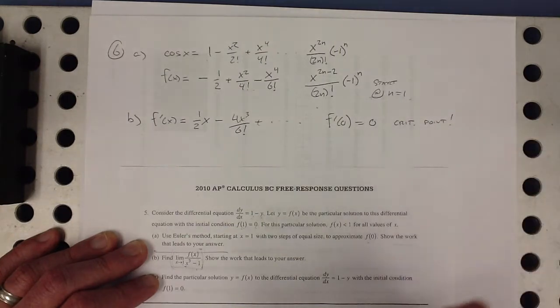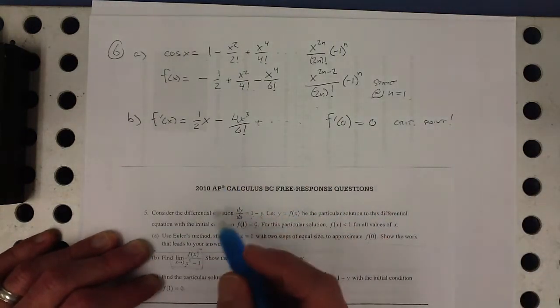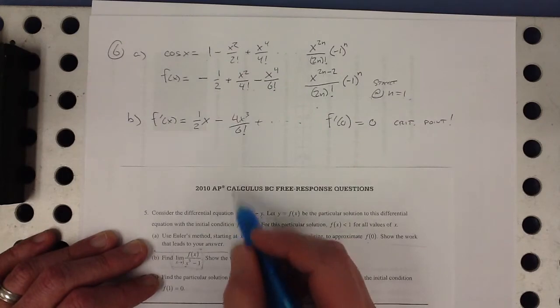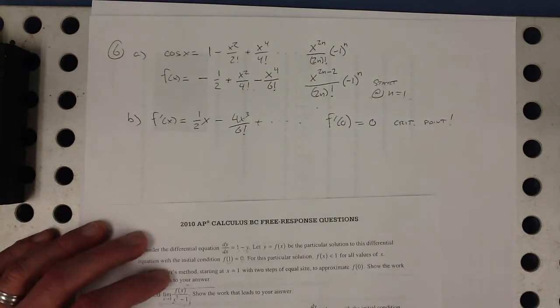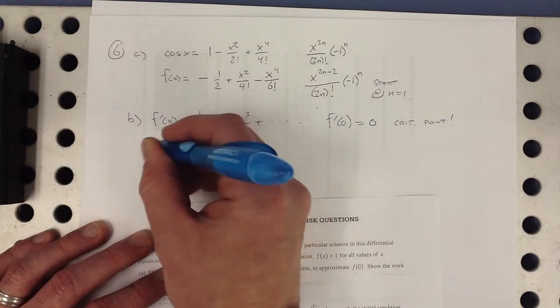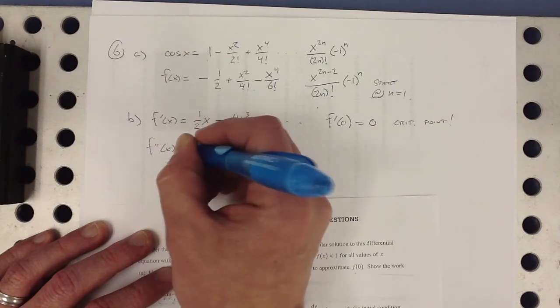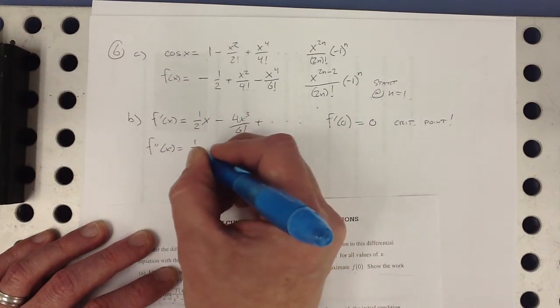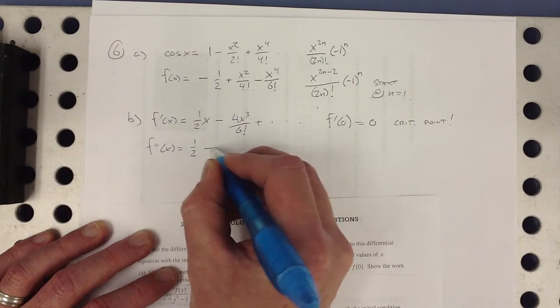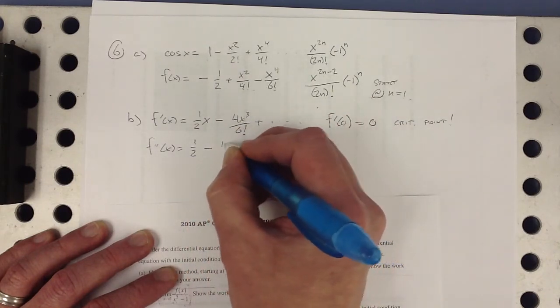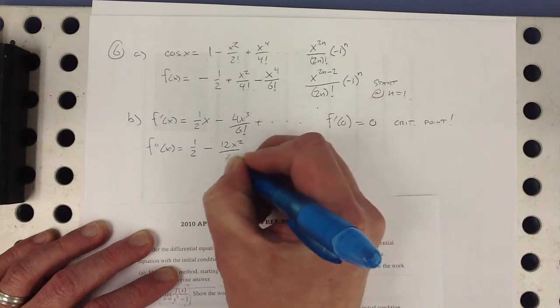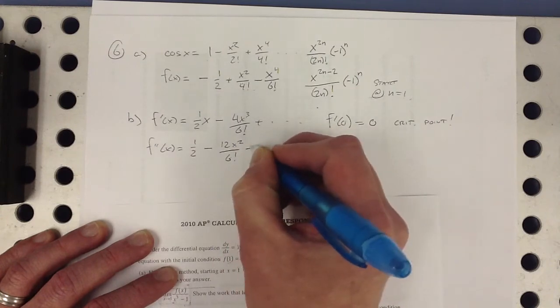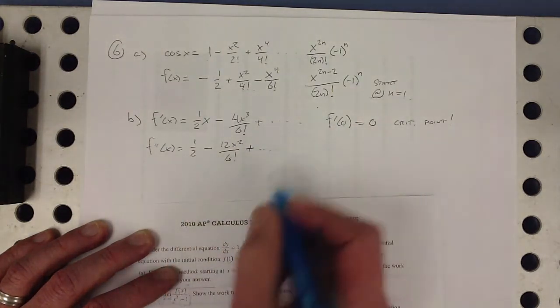So it looks like it could be neither, I guess, if it were like a saddle point. So let's go a little further and figure out what about the second derivative. The second derivative of this function is 1/2 minus 12x squared over 6 factorial, whatever that simplifies to, and so on and so on.